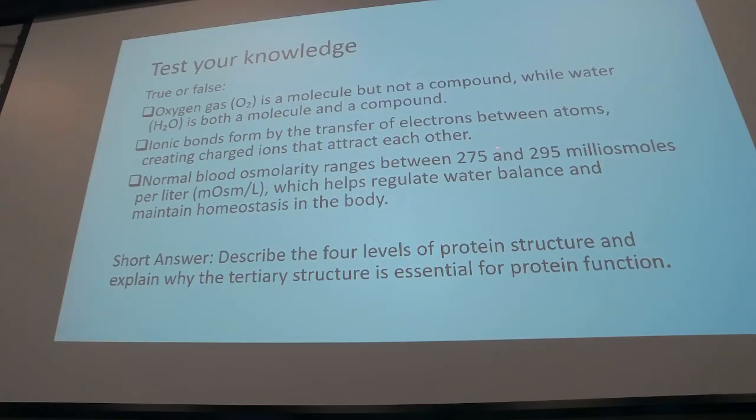Normal blood osmolarity ranges between 275 and 295 milliosmoles per liter, which helps regulate water balance and maintain homeostasis in the body. True or false? True.